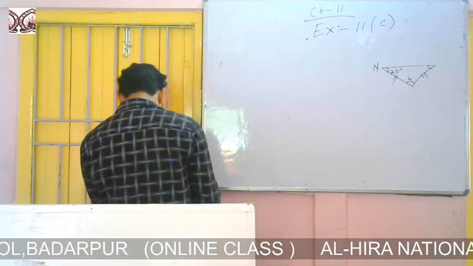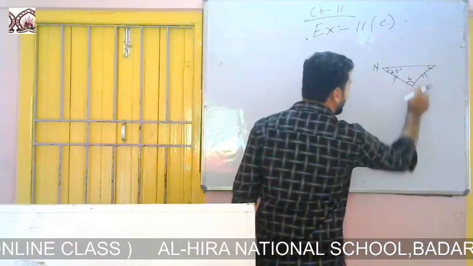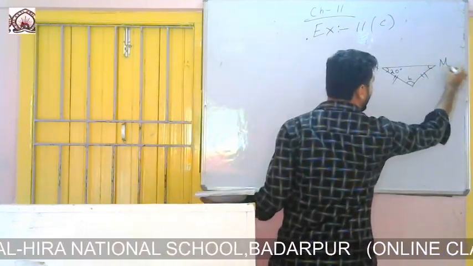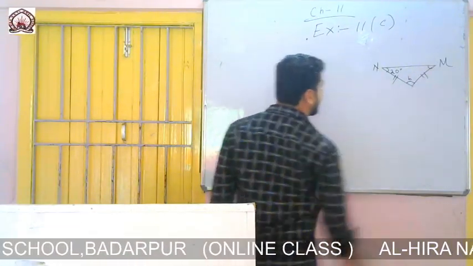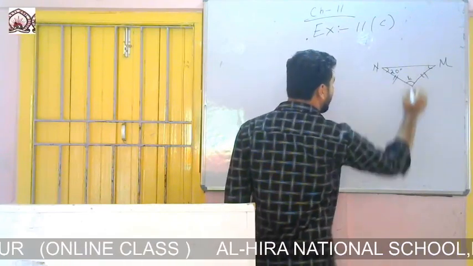So obviously we can find this angle. To find this angle we have to know that angle, and by the angle sum property we can find angle B.